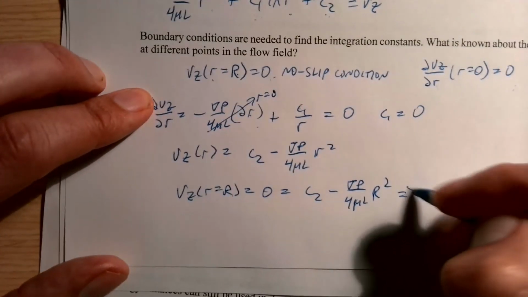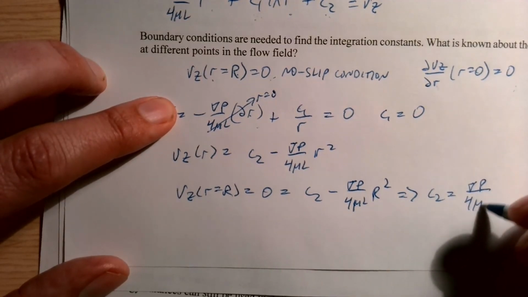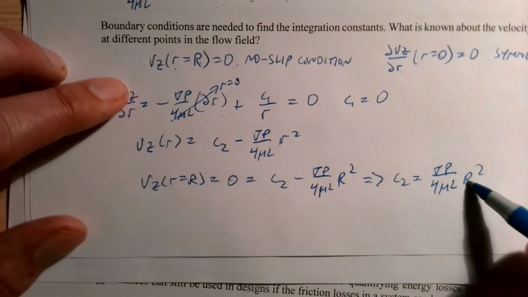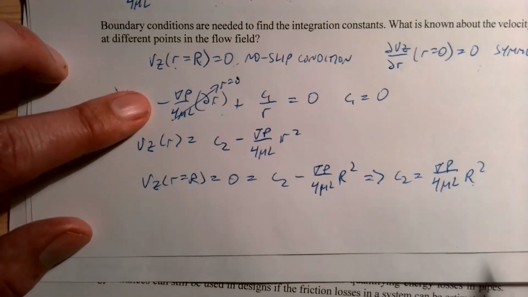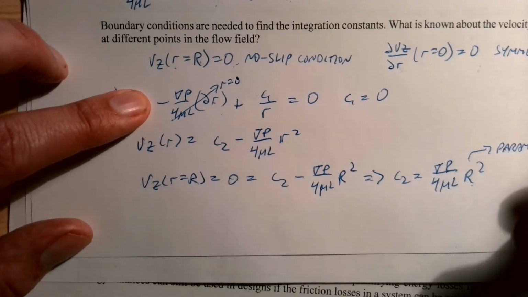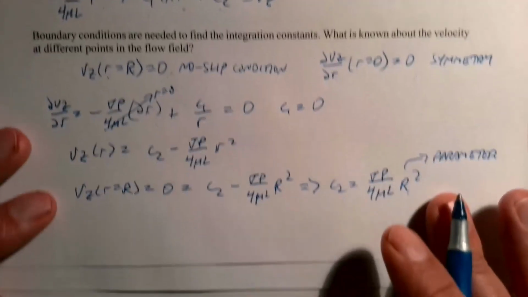So therefore, C2 has got to be delta P over 4 mu L times big R squared. And so again, remember that big R is a constant. It's a parameter. It's a constant because it's the radius of the pipe that we're looking at.